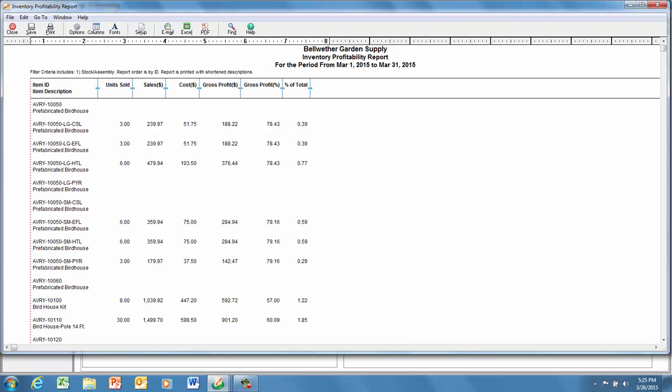Now, typically, a gross profit percentage is kept fairly tight by management. So if these birdhouses run close to 78.5% gross profit, then we would like to keep it at approximately that level. Also, because this is a high gross profit item, we would like to sell more of these as opposed to less.